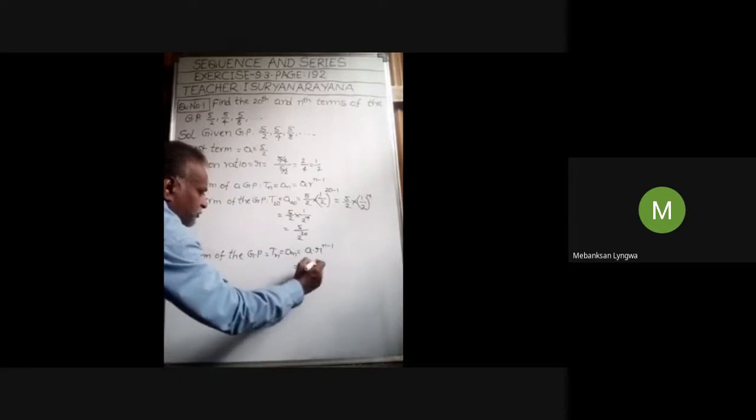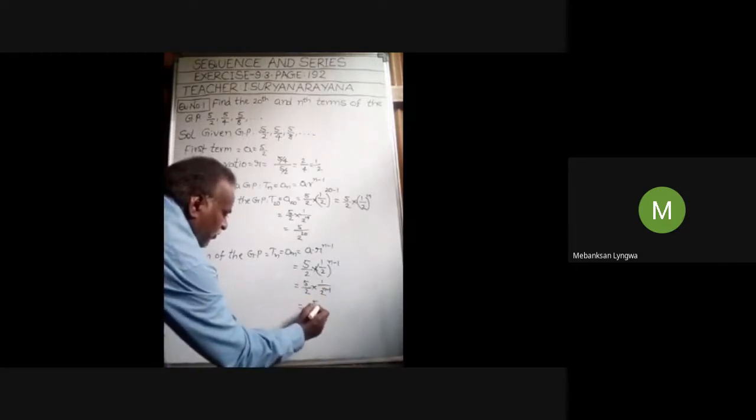Okay, my children. So, what is a here? 5 by 2 into, what is r here? 1 by 2 whole to the power of n minus 1. Understood this step, my children? Right. Then what you get? 5 by 2 into 1 by 2 to the power of n minus 1. Understood this step, my children?